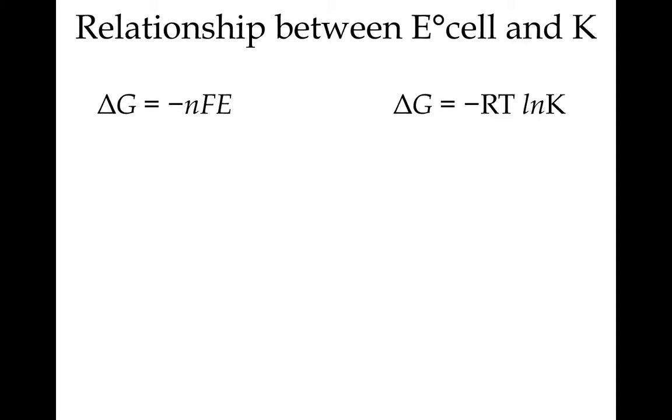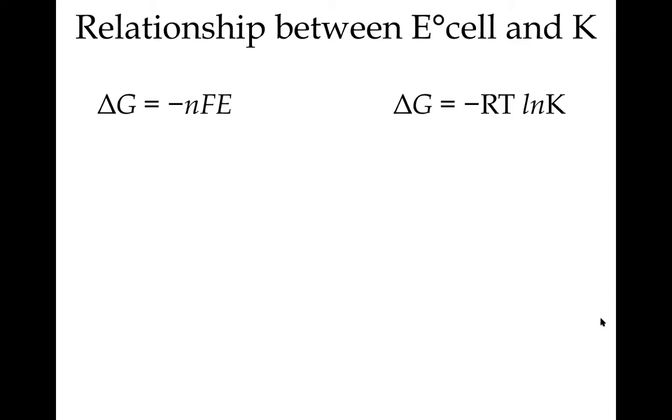And you will remember from last quarter that delta G is also equal to a negative R constant, the gas law constant, times temperature. And this is going to be standard, right? So 25C, or in this case, 298.15, times the natural log of K.